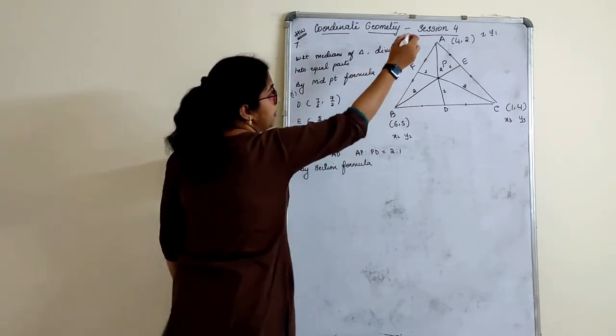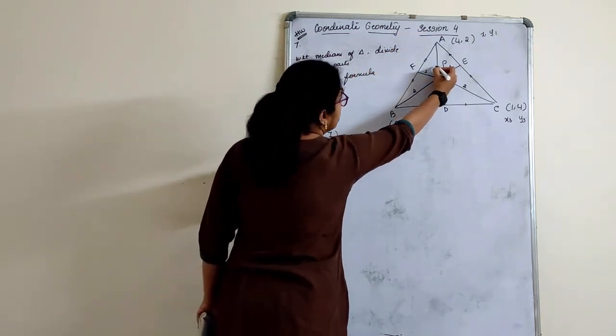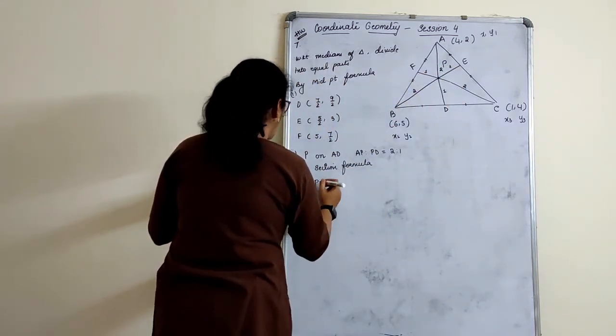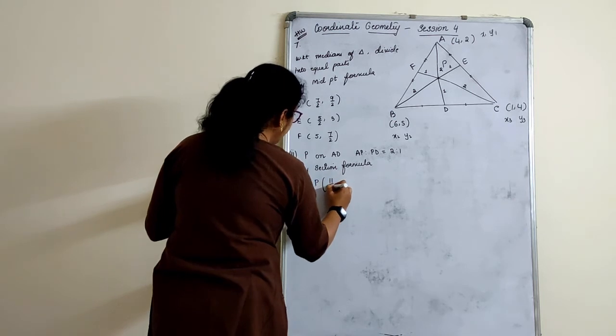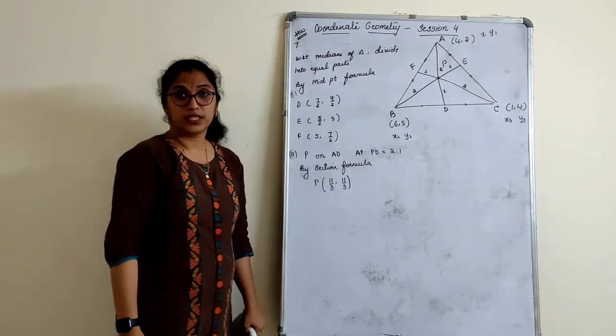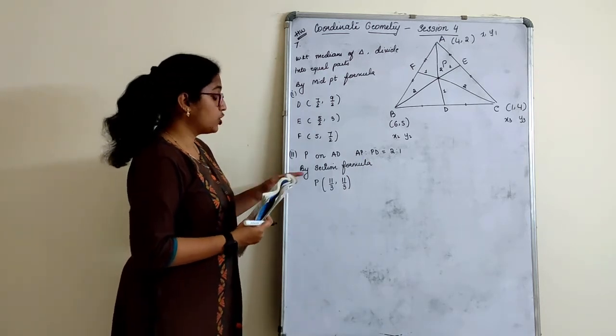So when you apply the section formula here in the ratio m is to n, we know the ratio. The coordinates of point P will be 11/3 and 11/3. Okay, this is the answer by the section formula.